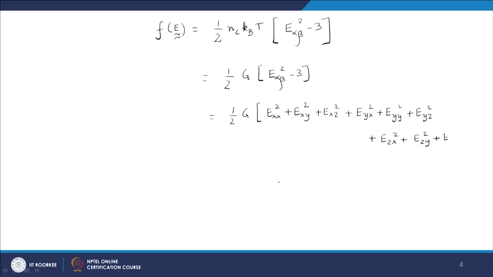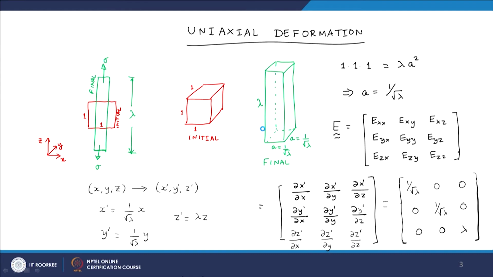And as we had just noticed, all the off diagonal terms are going to be 0 and we are only left with the diagonal terms, which you can see for x and y it is 1 over square root of lambda, and for z it is lambda.